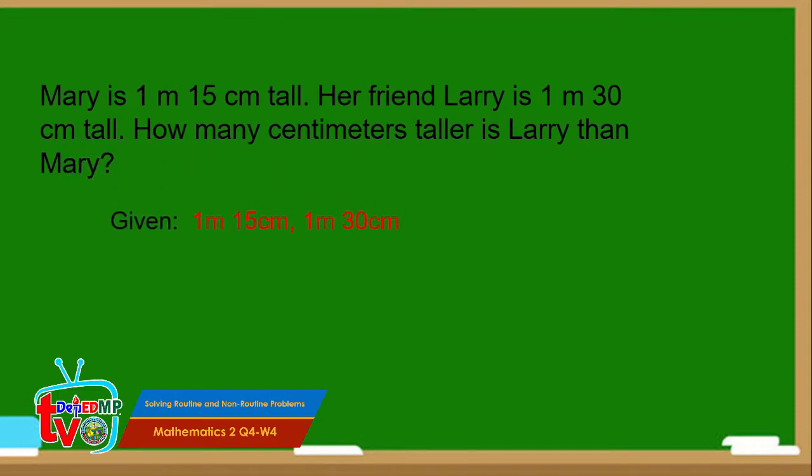Okay. In the given, you should have written 1 meter 15 centimeters and 1 meter 30 centimeters. In your solution, you should have written 1 meter 30 centimeters minus 1 meter 15 centimeters equals n.